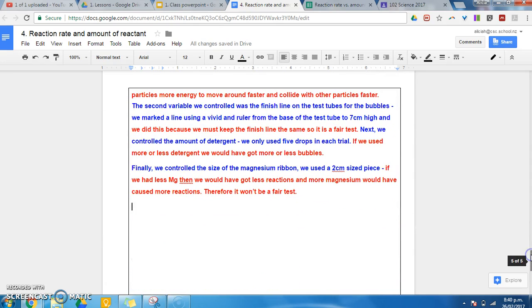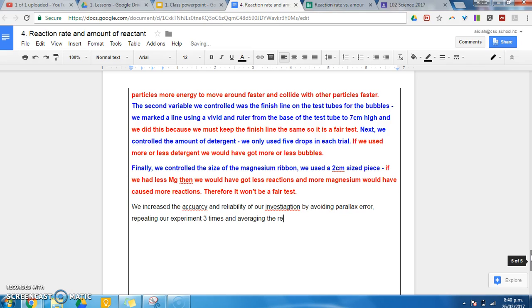So we can say we increased the accuracy and reliability of our investigation by avoiding parallax error, repeating our experiment 3 times and averaging the results, as well as controlling numerous variables.